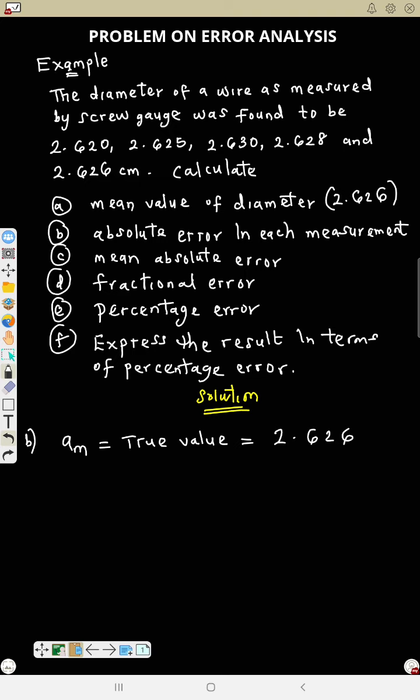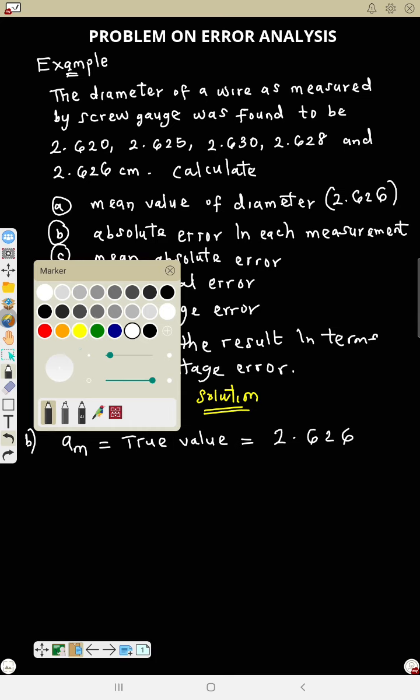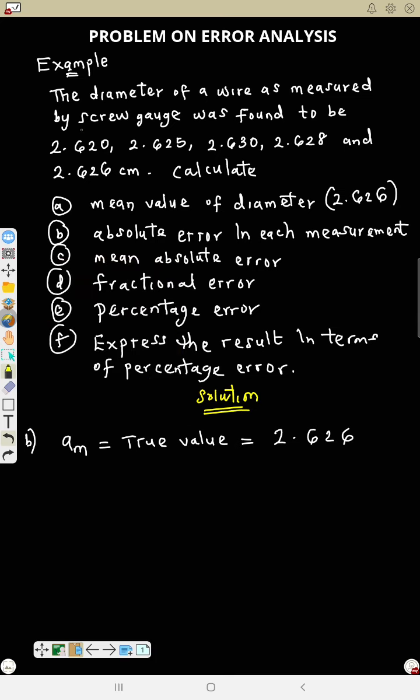To take the absolute error, we have said it is the difference between the true value and the measured value. Here we have our A1, A2, second measured value, A3, A4, A5. So just 5 values.